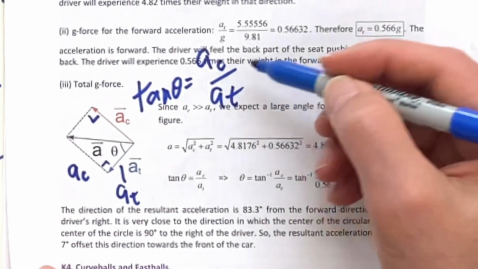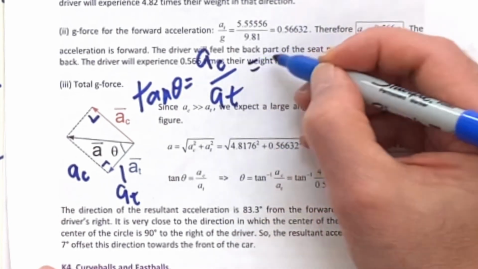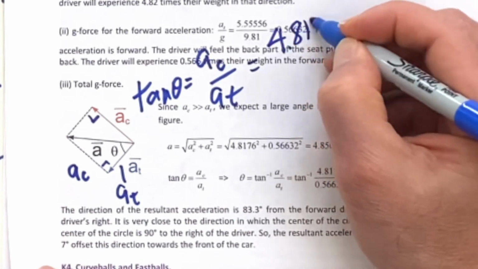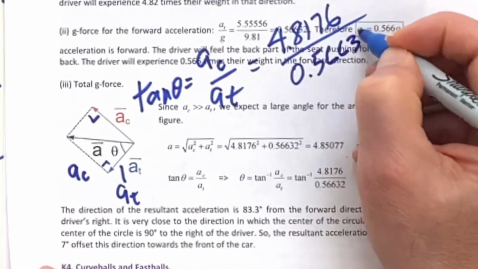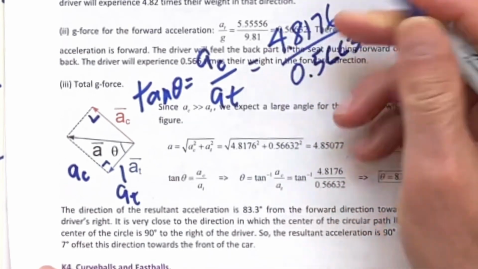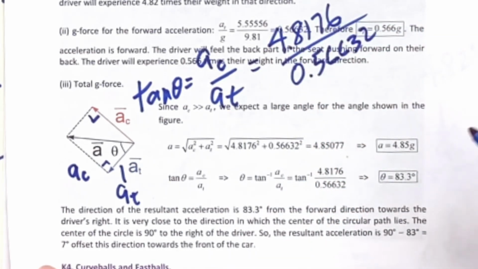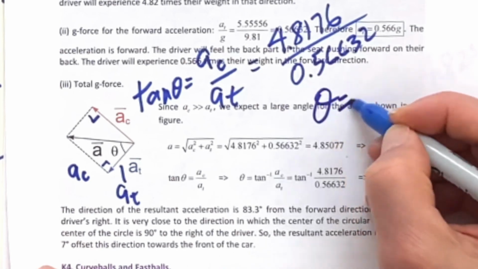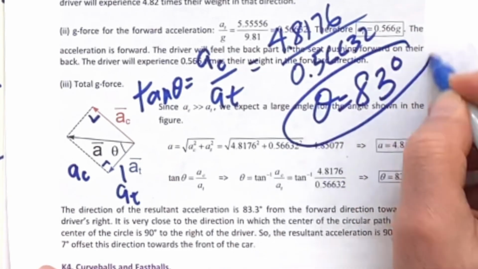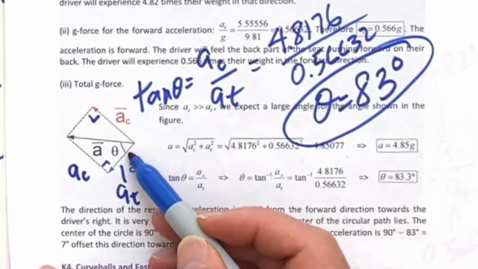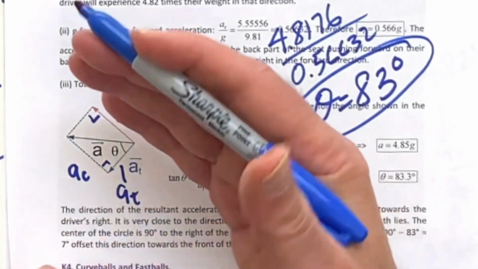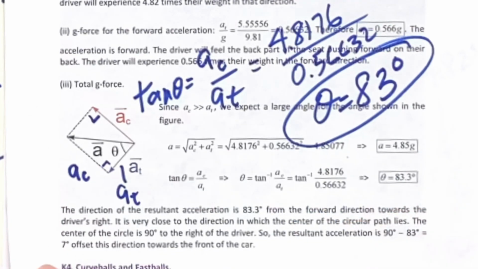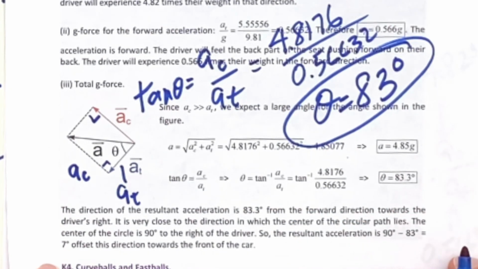When you put those numbers in, this is the 4.8176 rounded off last, and the 0.56632. You can see 5 over 0.5 is almost 10. So when you take the arctangent, you get 83 degrees. So the driver is looking straight ahead and the resultant acceleration vector is turned almost 90 degrees. So it's a nice problem.